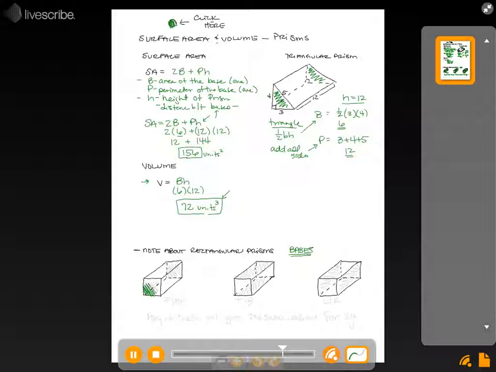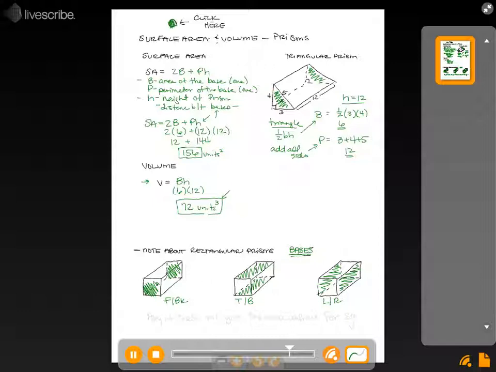I could have the bases be the front and the back, because those are rectangles. I could have the bases be the bottom and the top, or the bases could be the left and the right. Okay, so this is front and back, this is top and bottom, and this is left and right.